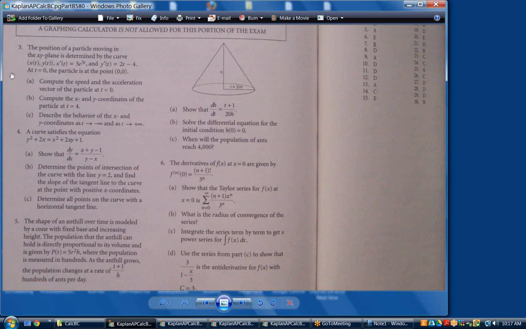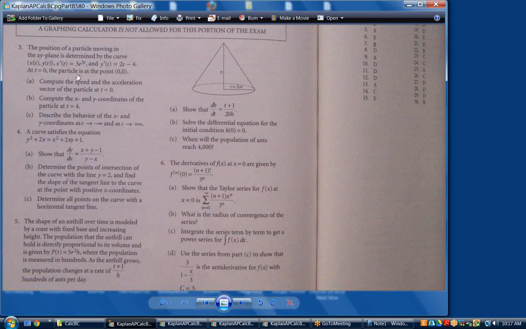Now, question 3 has to do with parametric equations, which we haven't learned yet and will be the very first subject we tackle as soon as we finish the rest of this test, which is not that far. In fact, I think question 6 is probably the last one.